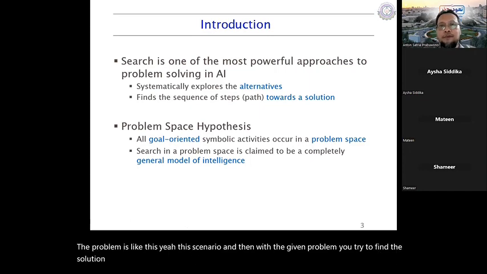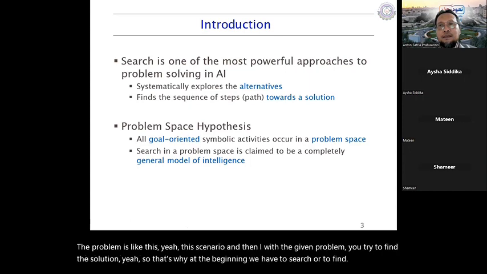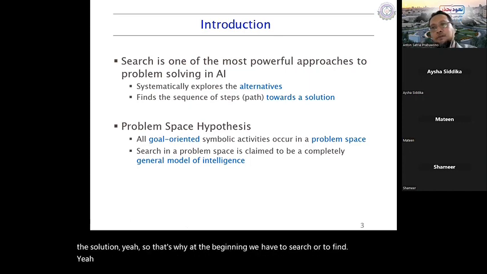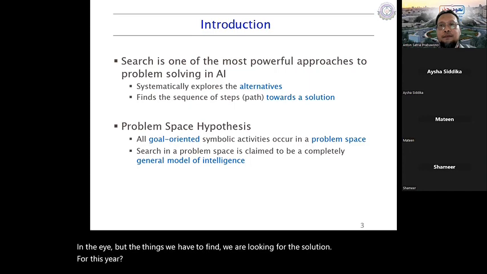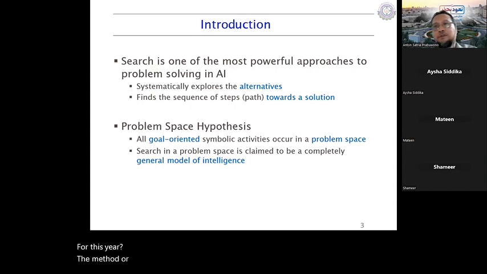That's why at the beginning we have to search or find the technique for how to solve this kind of problem, because there are many such techniques in AI. But what we have to find, looking for the solution, is the method or the technique for how to solve the given problems.